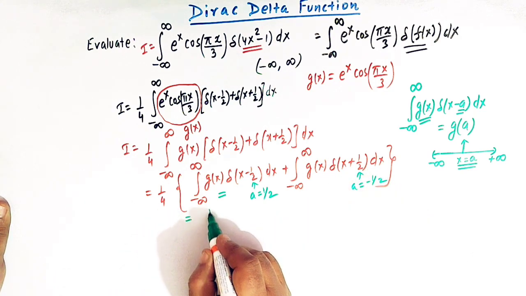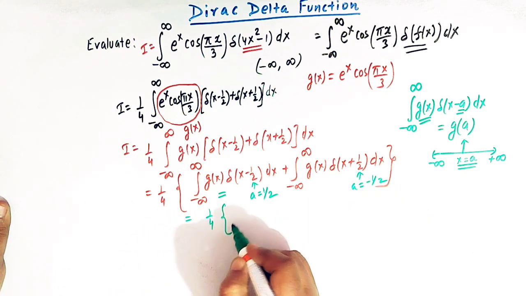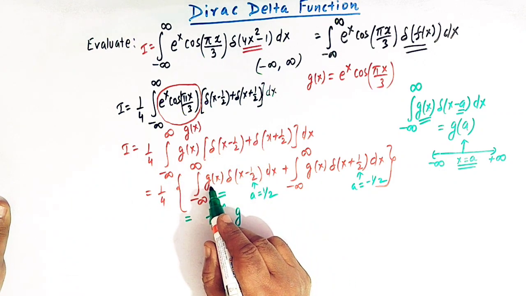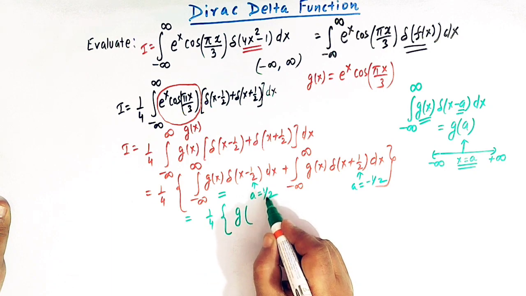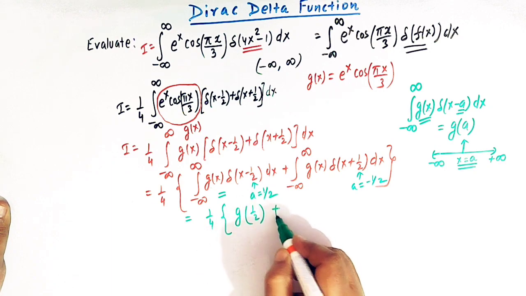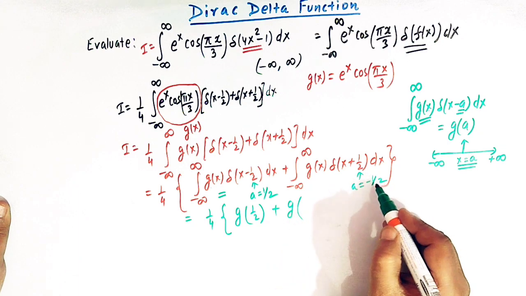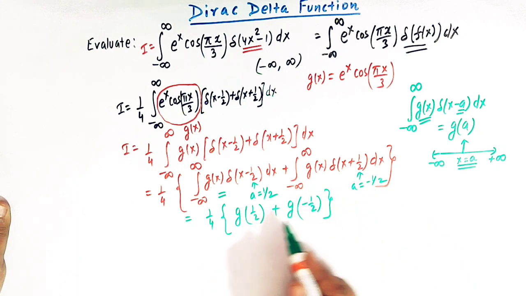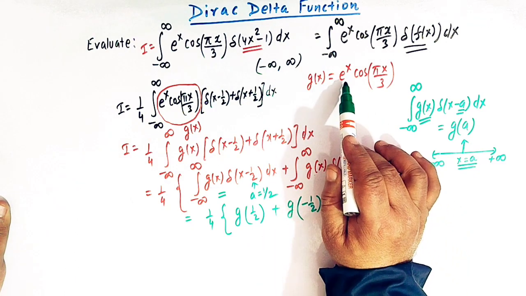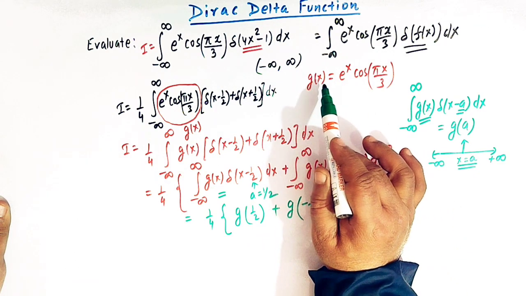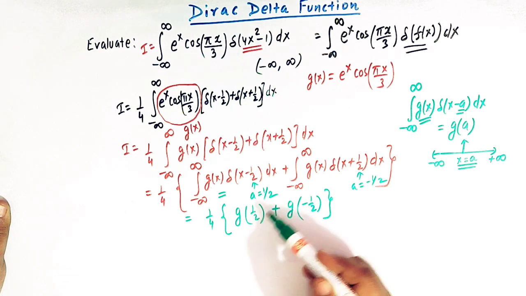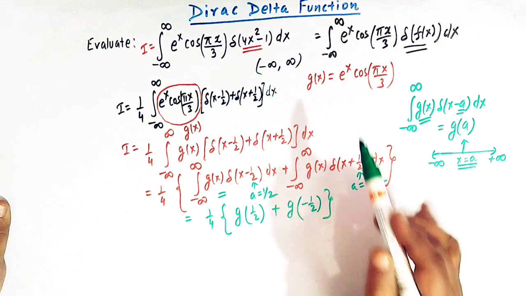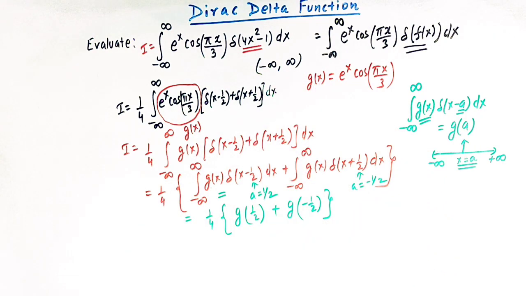So we now have 1 over 4, and the value of the first integral is the value of this function at this point, that is g of half, and here we have g of minus half, right? And g of half and g of minus half can be obtained by taking x is equal to half in this expression and x is equal to minus half in this expression.